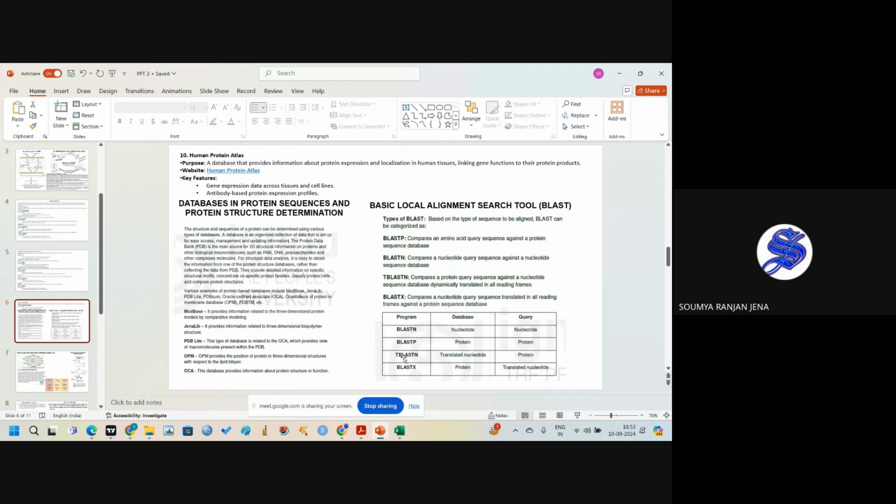And TBLASTN is for translated nucleotide databases. The databases are only nucleotides, and as the query you put the protein, and it will give rise to its nucleotide sequence.